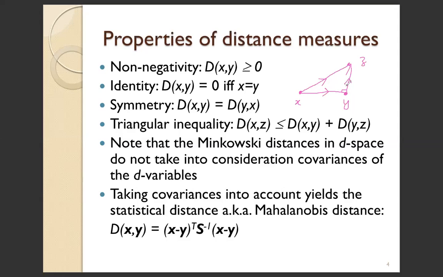Now, these distances are very easy to use, but they actually have a problem. If you look at the way they were defined, these are what we call mathematical distances.